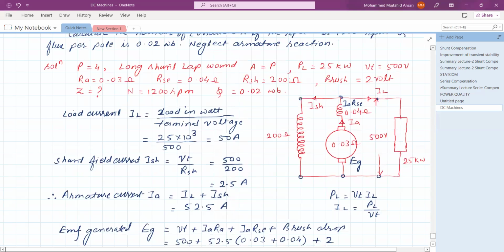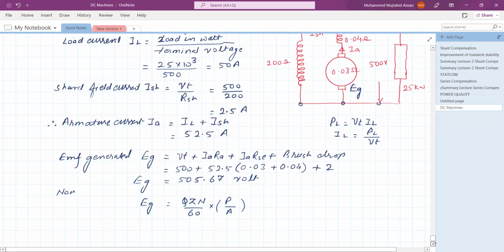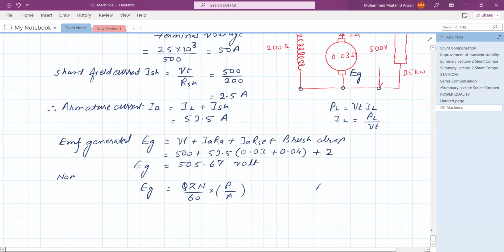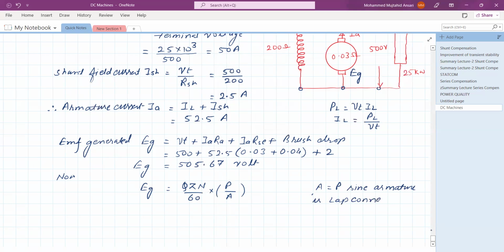It is a long shunt lap wound, or lap connected, generator. So A equals P, since the armature is lap connected.